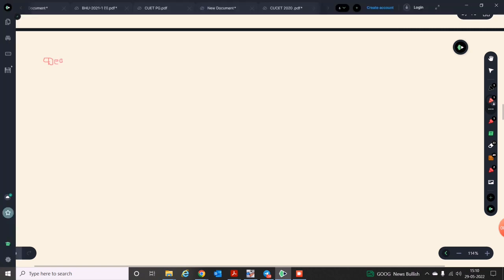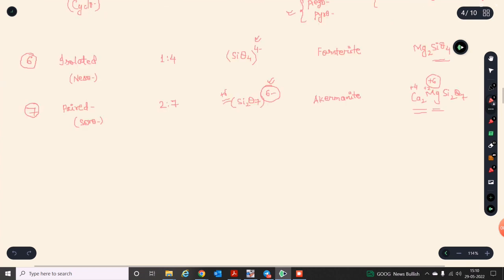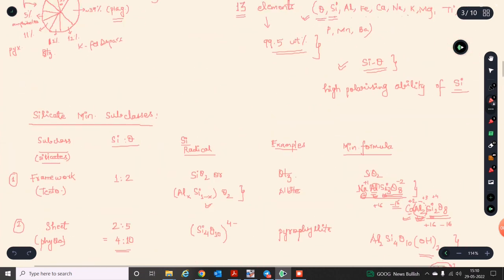I will write it above, where we discussed silicate mineral subclasses. So this classification depends on degree of polymerization of SiO4 tetrahedral units.